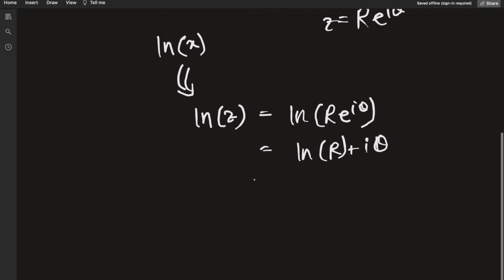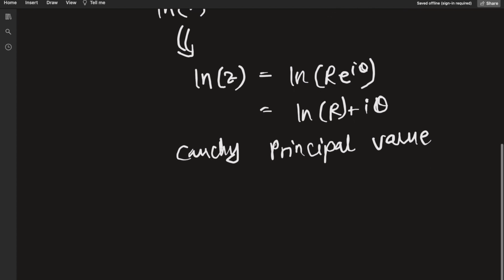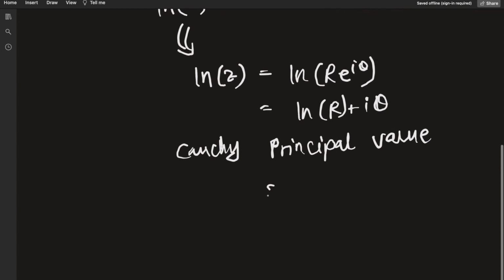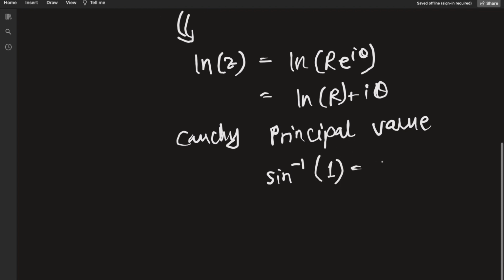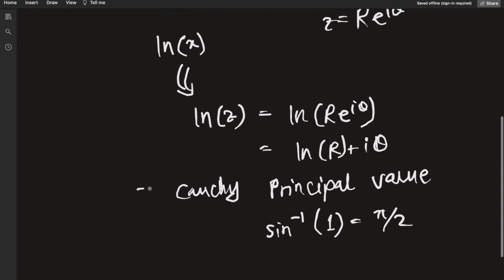You'll also have to look at something called the Cauchy principal value when you're determining what angle to choose for theta, because theta can be 0, it can be 2 pi, 4 pi, even multiples of pi, odd multiples of pi, half integral multiples of pi, whatever. So you need to choose one, like we chose inverse sine of 1 to be pi over 2. We could have chosen anything else. Same way we're choosing in this process of Cauchy principal value.